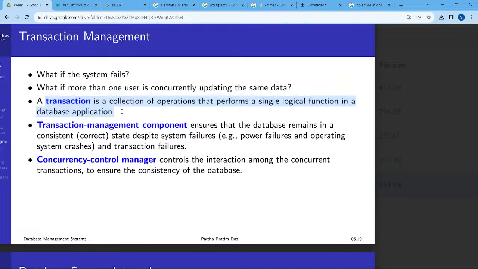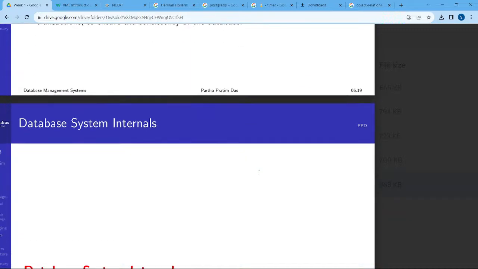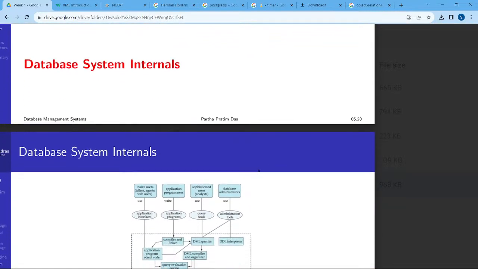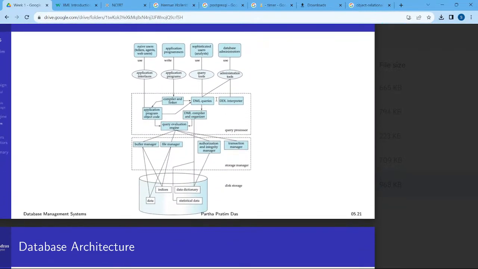It ensures that the database remains in a consistent state despite system failures, like power failures or operating system crashes. The concurrency control manager controls the interaction among the concurrent transactions to ensure the consistency of the database system internals.